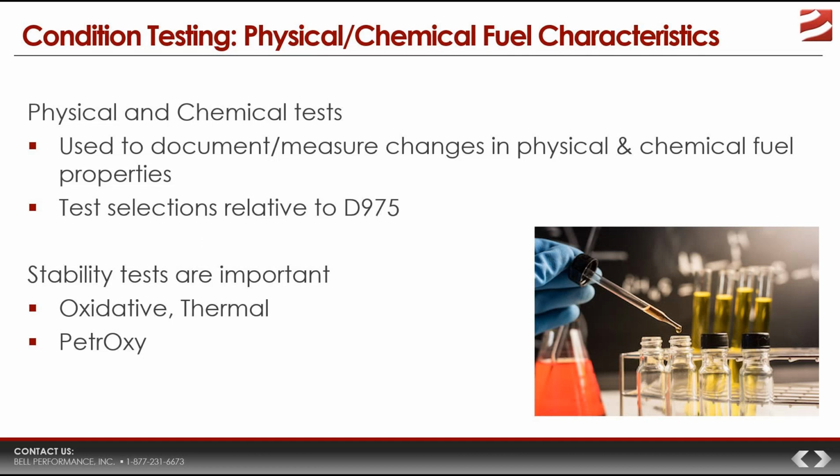What is it like right now? D975 is not concerned with the possibilities of what the fuel might be like in the future, because future events are contingent on certain things happening, and so it can't account for those kinds of possibilities. It's really outside of the scope of D975.